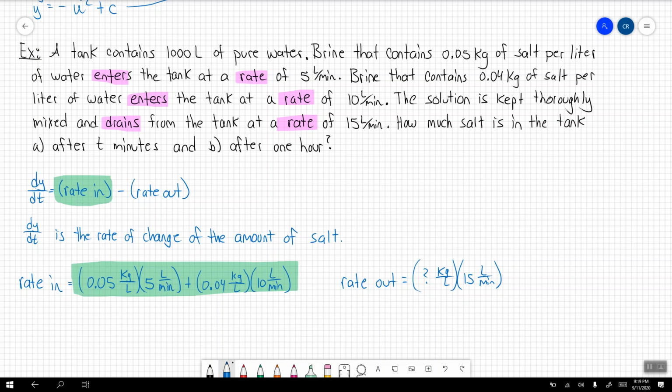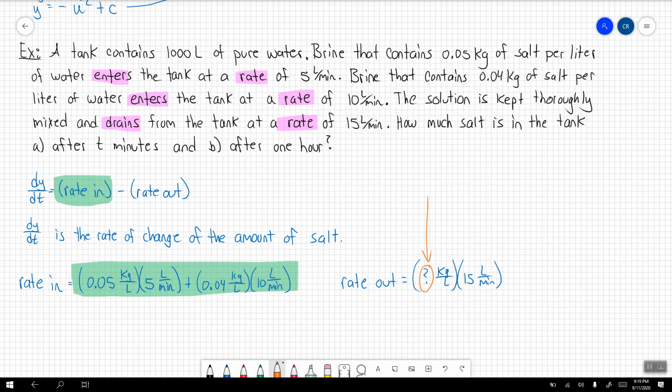For this rate out, I'll wait on the highlighting because I want to make sure I change that question mark. What I want here is to interpret this question mark. The way to do this is to figure out how much of that water brine mixture contains salt.